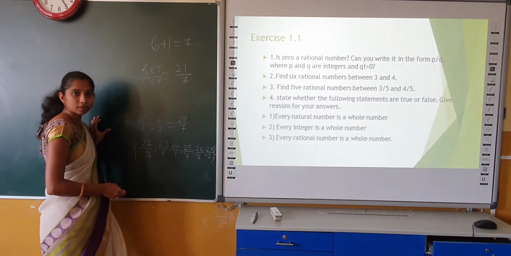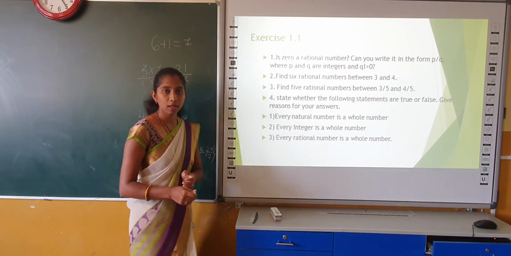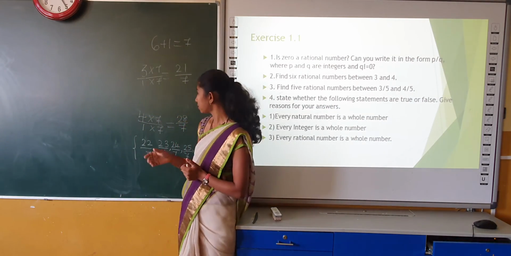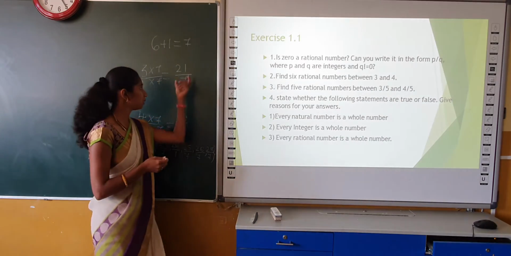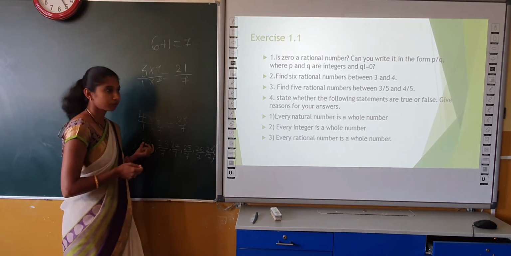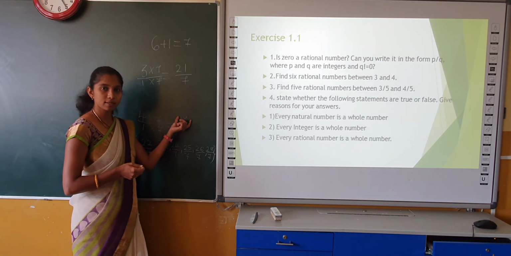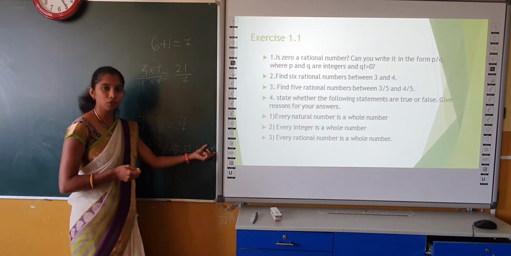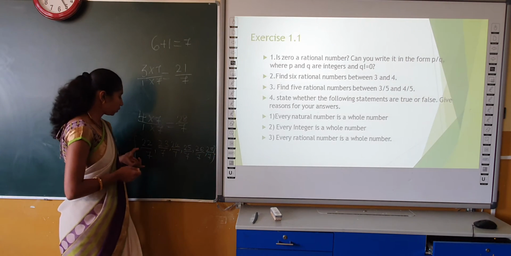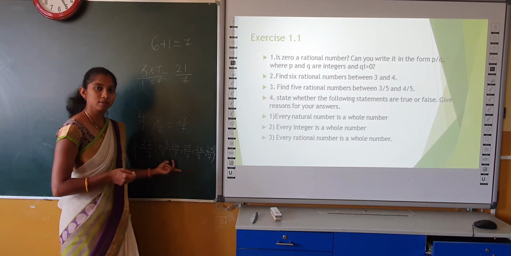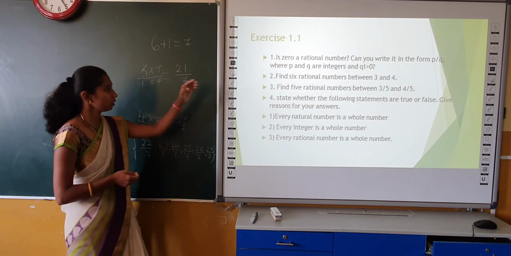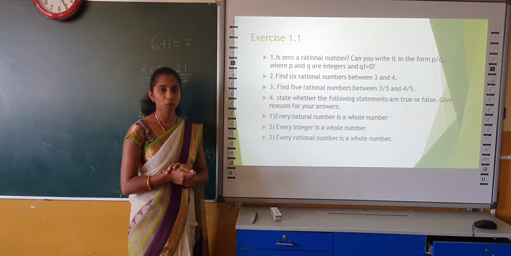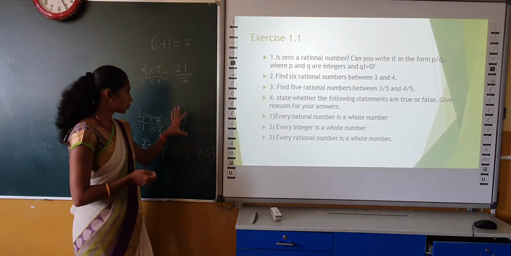Look at the numbers. Are they between only? Yes, it starts from 21, the next number is 22, and before 28 you only get up to 27. Then how many numbers did you get? 6 numbers between 3 and 4. I hope you have understood the problem.